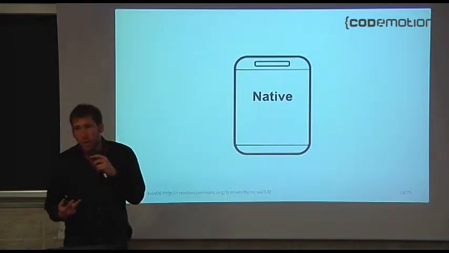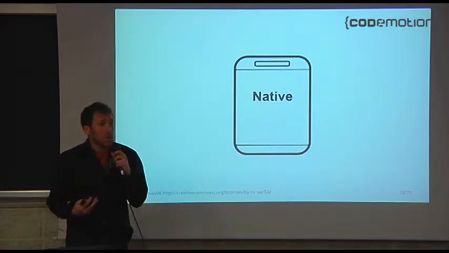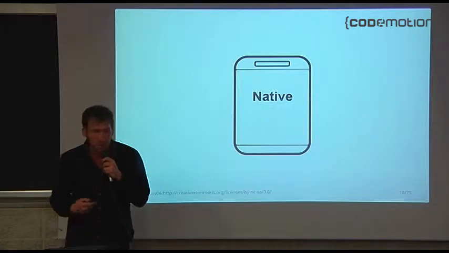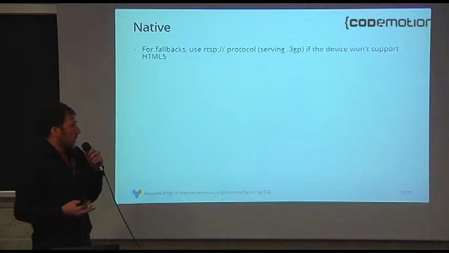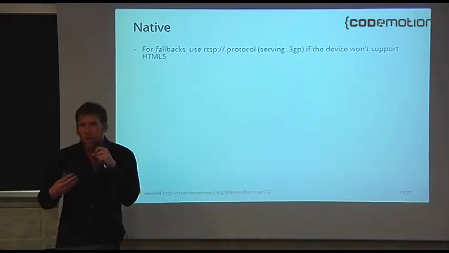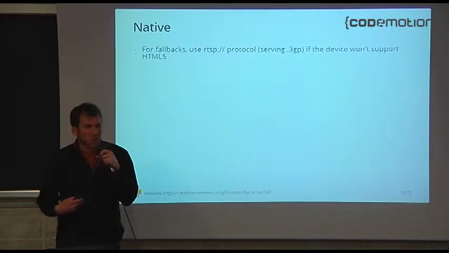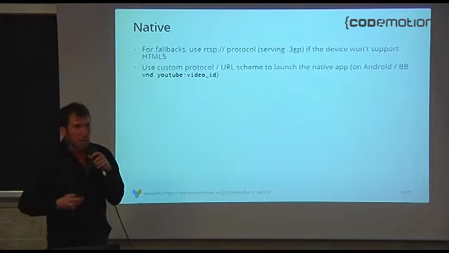Native is cool. It's especially important on a feature phone, when that's really your only option. There we can stream a video right to the device with RTSP, and we won't have any ability to add features or functionality, but we can still have a video shown.